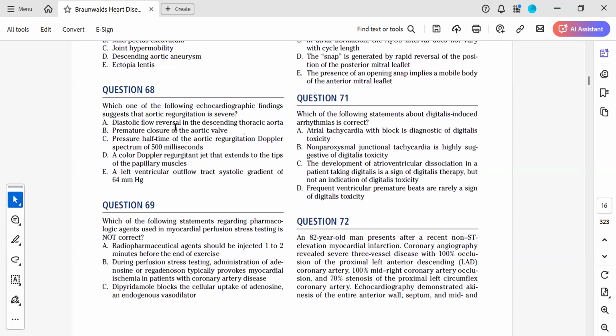Thirdly, option C: the development of AV dissociation in a patient taking digitalis is a sign of digitalis therapy, but not an indication of digitalis toxicity. This is false because this option is really talking about the ECG findings of a patient taking digitalis.